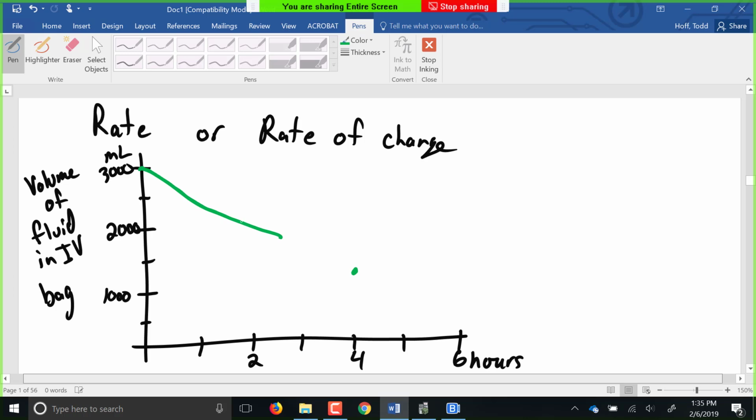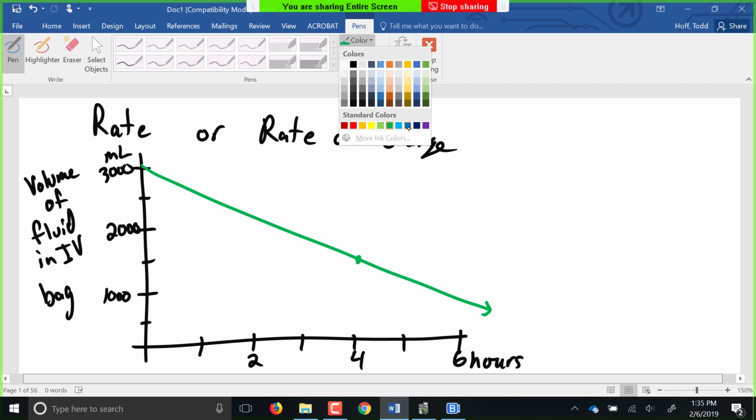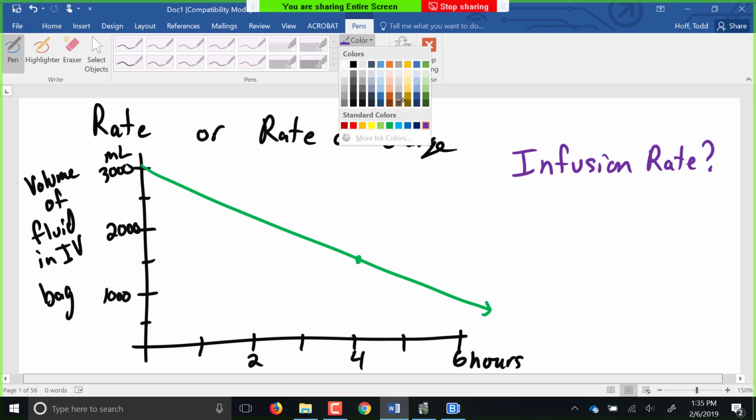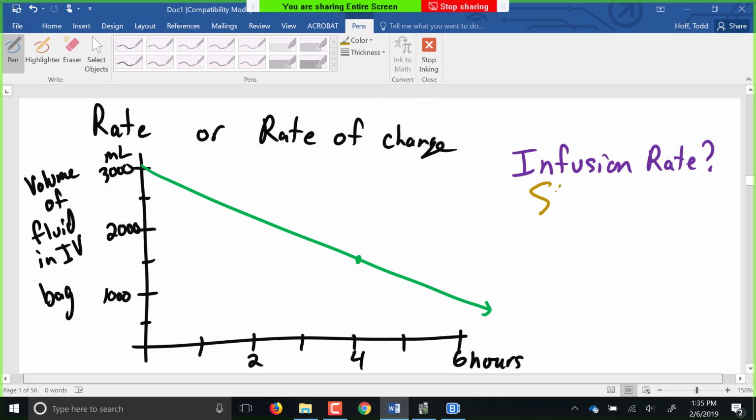Oops. I'll try to draw my line straight, maybe. There, let's do that. So now looking at this, what is the infusion rate? Well, the infusion rate is just the rate of change, or the slope.